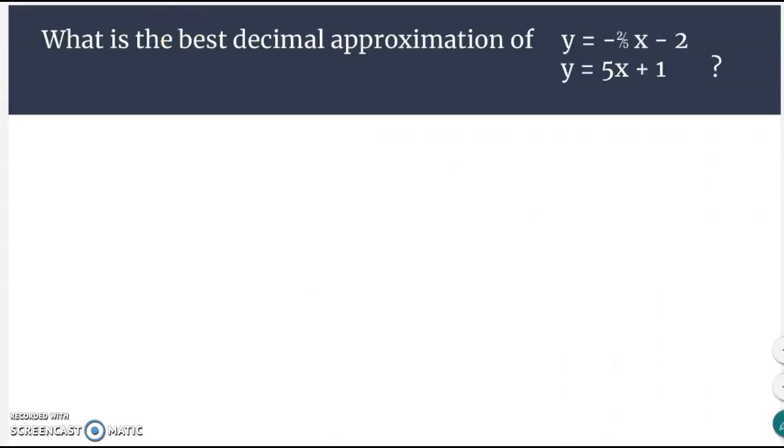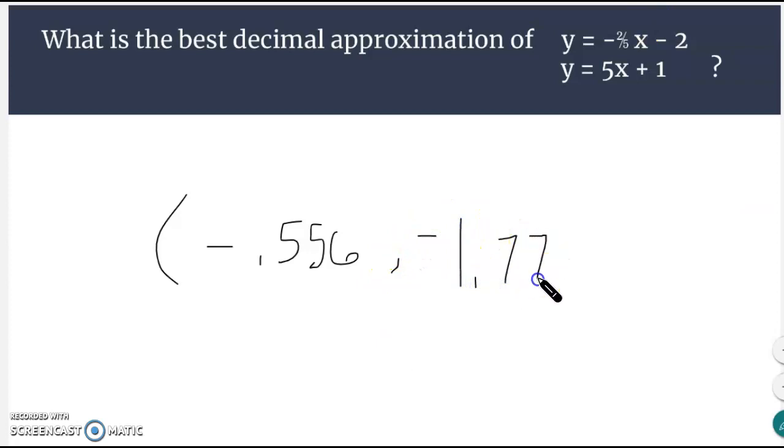Put that on our answer sheet here. And if we needed to round, we certainly could. And what did they say it was? -1.778. There we go, a good decimal approximation. We're going out to the thousandths place on this.